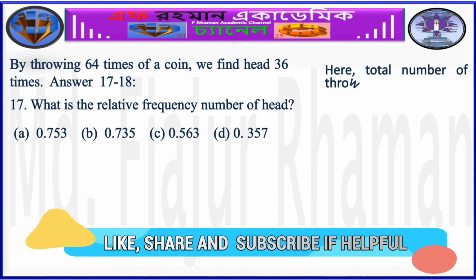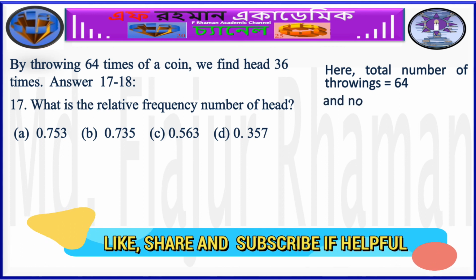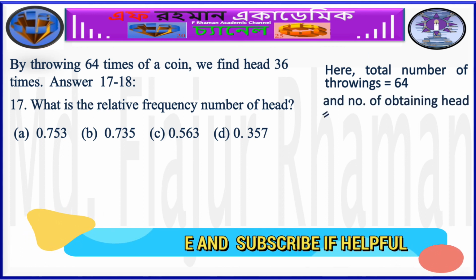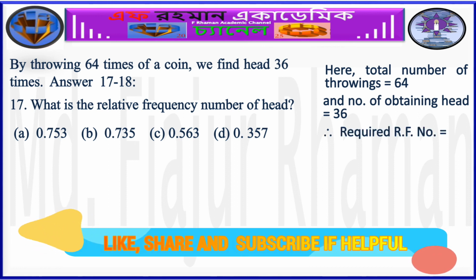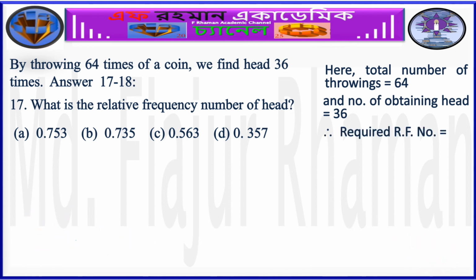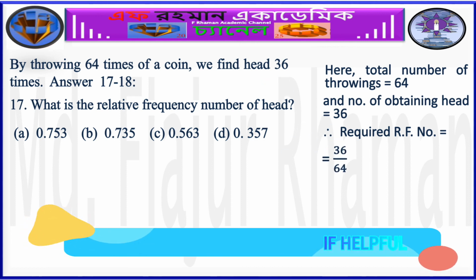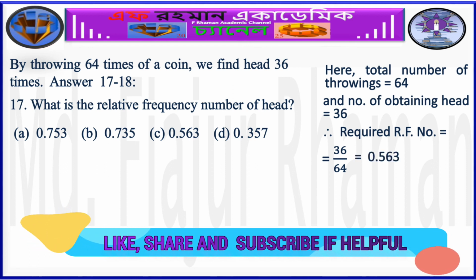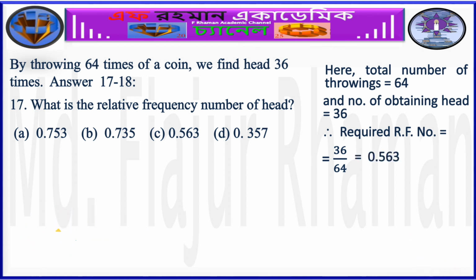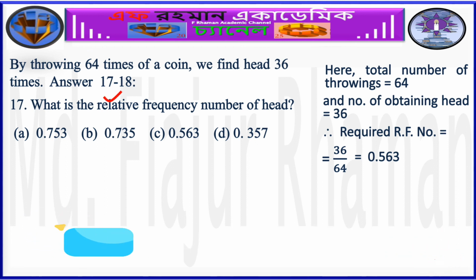Here total number of throwings 64 and number of obtaining head 36. Therefore, required relative frequency number is equal to 36 by 64 is equal to 0.563. That's why our correct answer is option C.